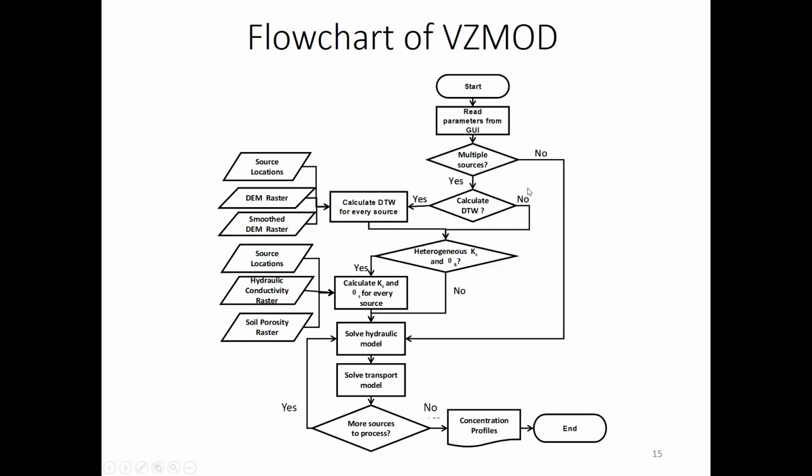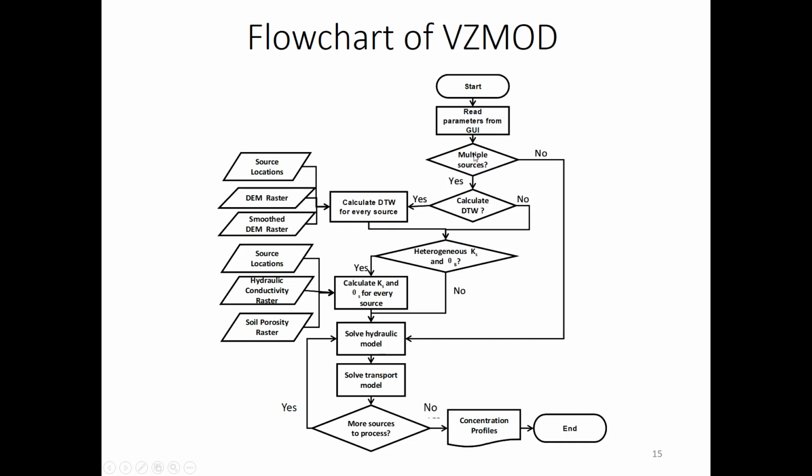And so I will close this video by using this flowchart, and this is in the VZMOD menu, and this shows you how things run. Let's start from the beginning. You open the VZMOD GUI, you input all the parameters from the GUI, and then you tell VZMOD how many septic tanks you have.